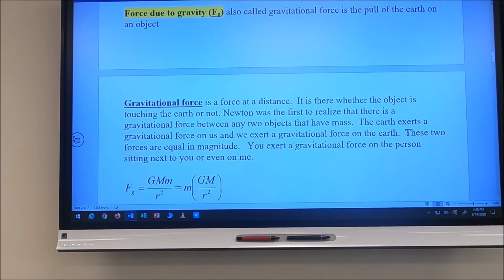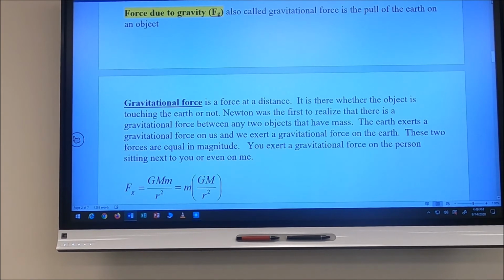Force due to gravity between any two objects can be calculated as big capital G times the mass of object 1 times the mass of object 2 divided by r squared. Now, if big M is the earth, then the force due to gravity when we as an object interact with the earth is our mass times G, big G times big M over r squared.